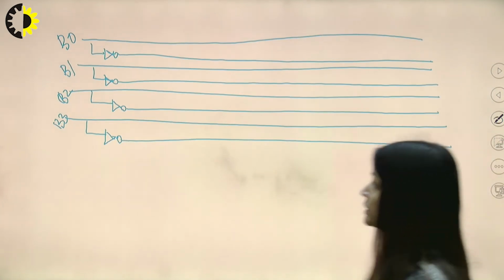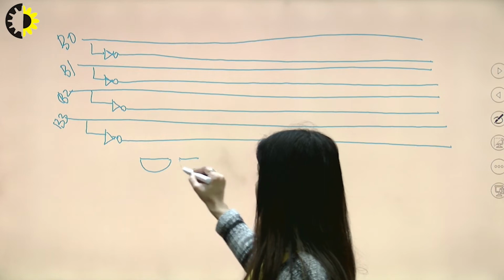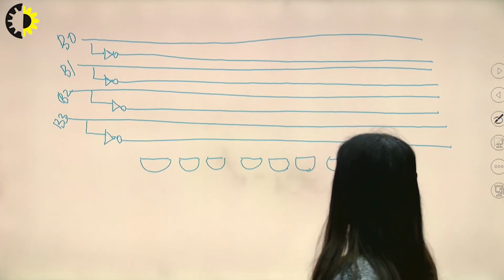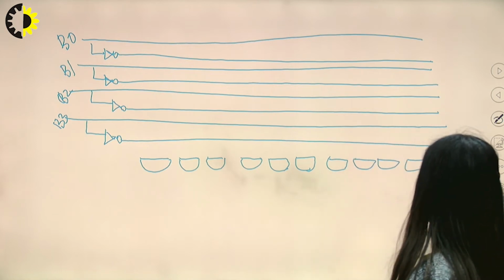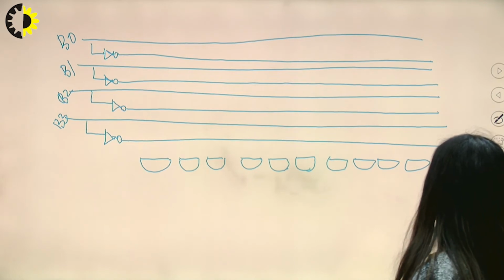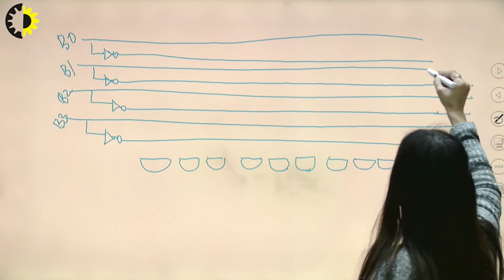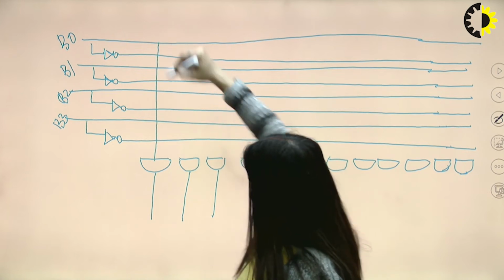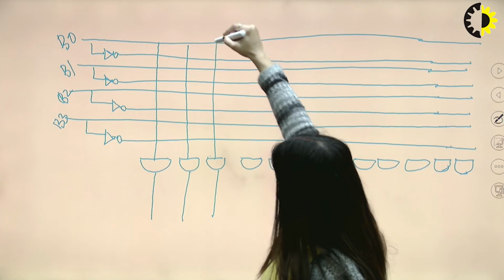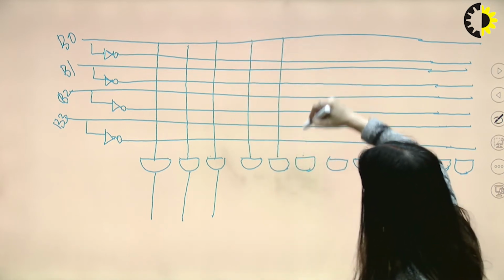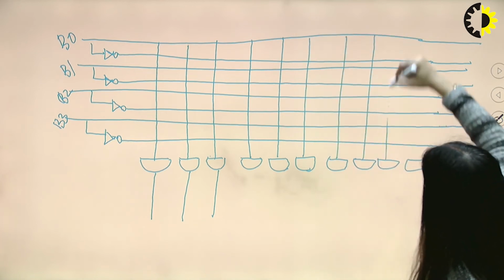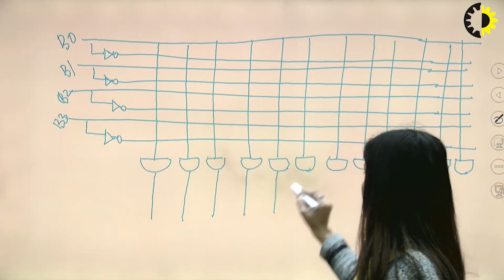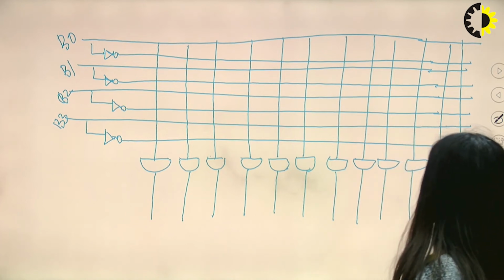That means we need to make 12 AND gates. Okay.